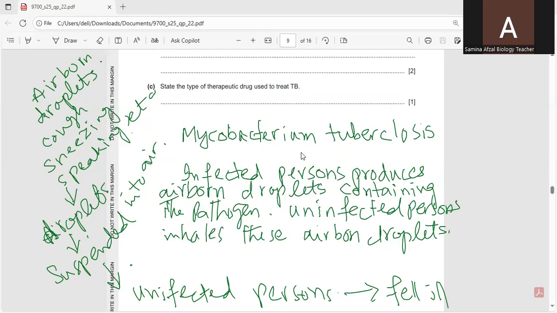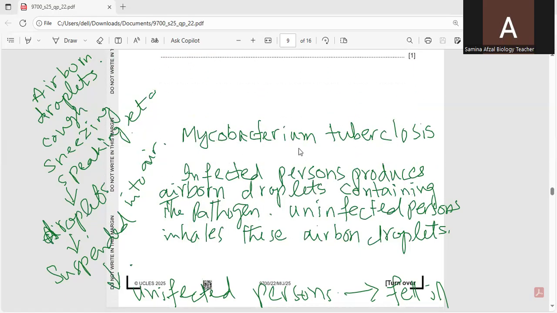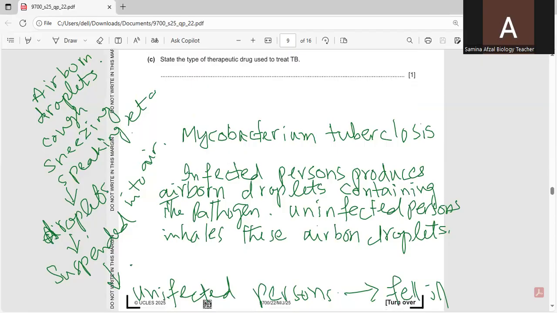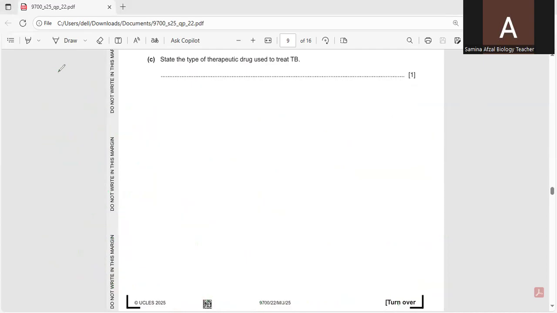Next question is: state the type of therapeutic drug used to treat tuberculosis. Tuberculosis is caused by bacteria, so the treatment of bacteria can only take place by antibiotics. There are different types of antibiotics which can cure this disease.